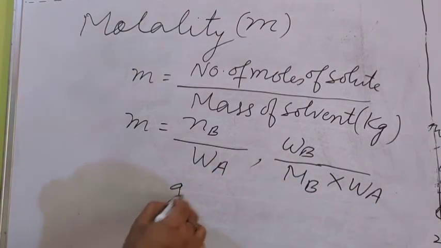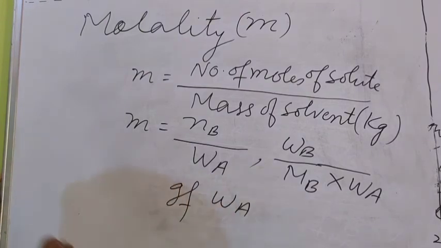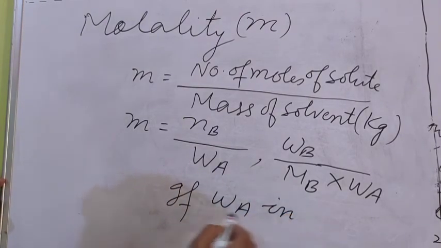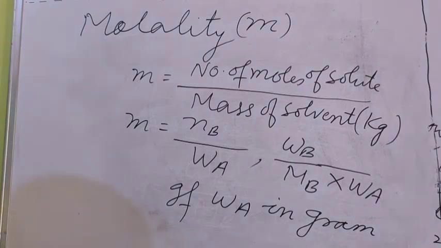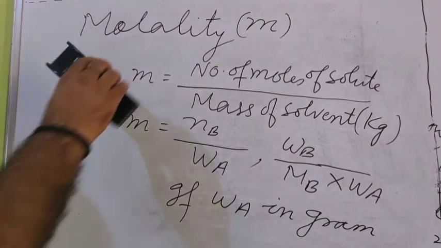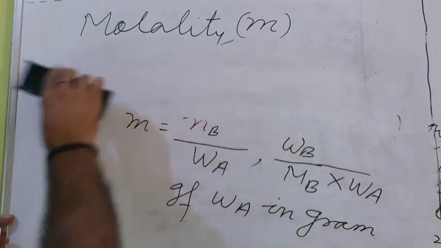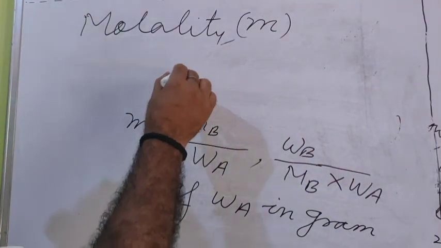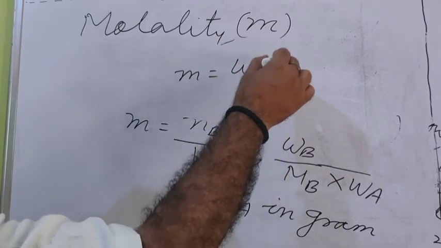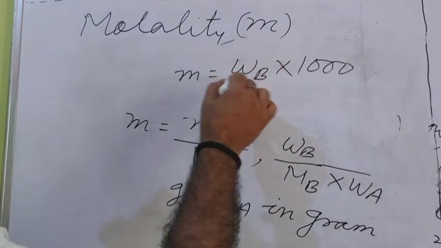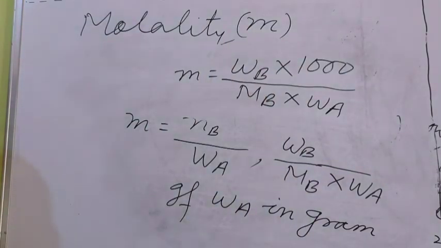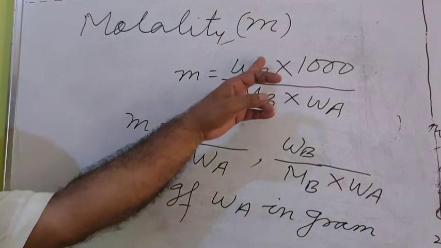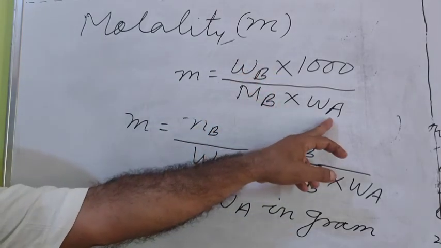But in numericals, if WA, the mass of solvent, is in gram, then the formula becomes WB into 1000 upon MB into WA. So this is the final formula for the calculation of molality: mass of solute upon molecular mass of solute, and the mass of solvent.